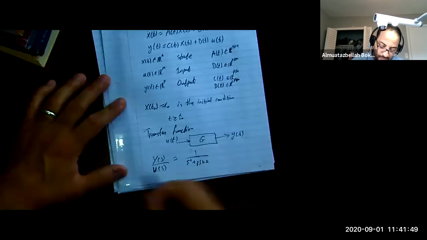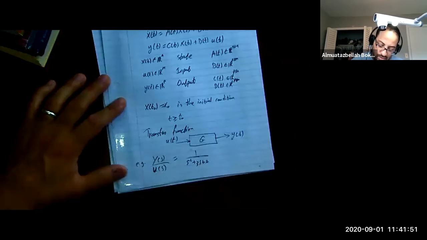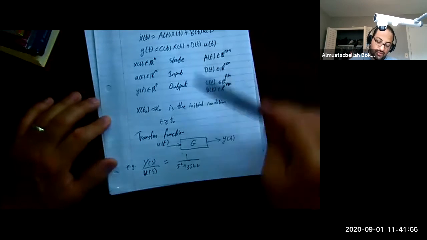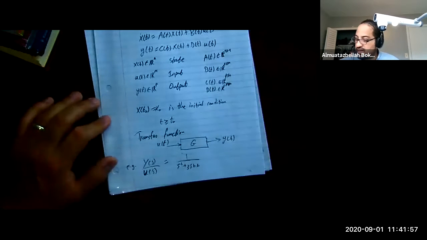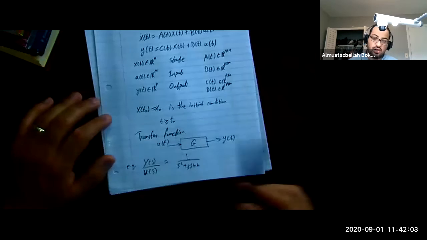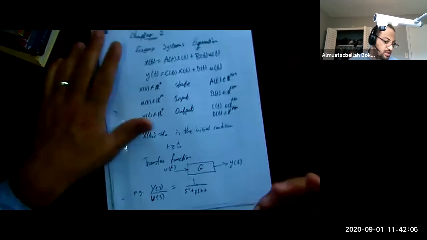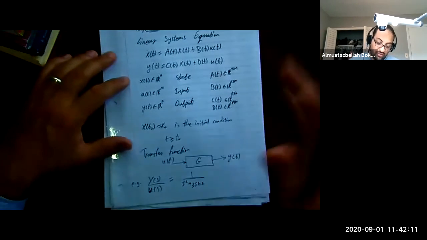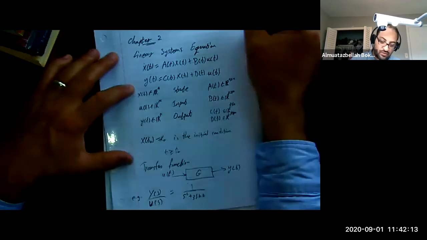This is for example. Of course, I can go from here to here, as you will see in a minute, by assuming that the initial conditions are 0. And this is the typical way to do it when you go from the differential equation form of the system to the transfer function form.